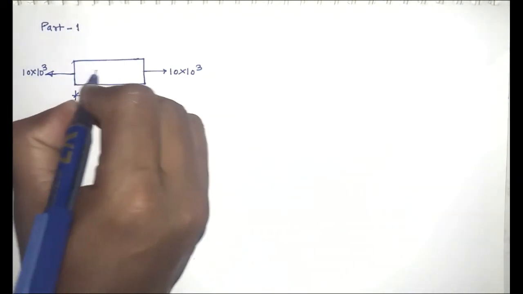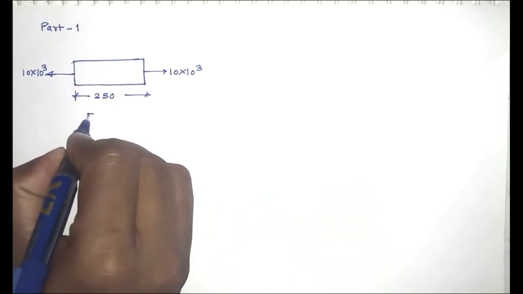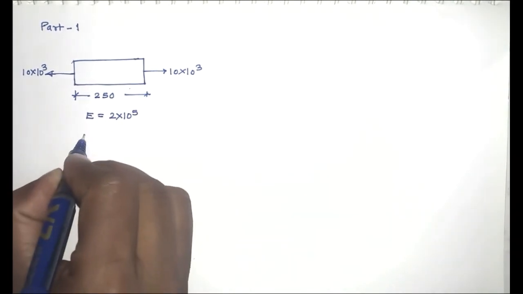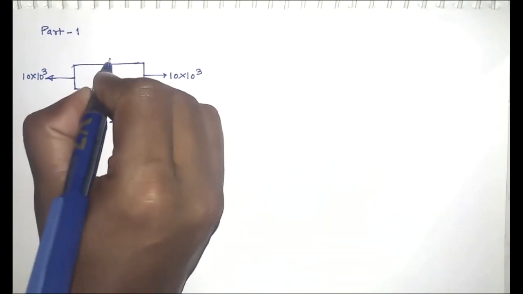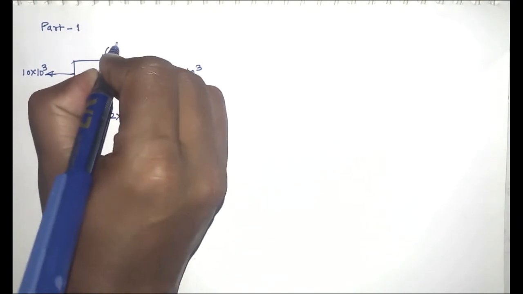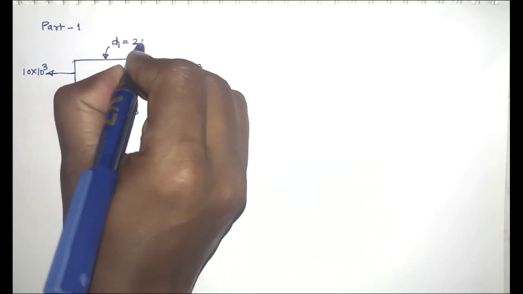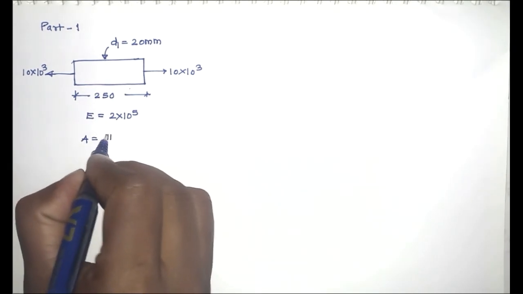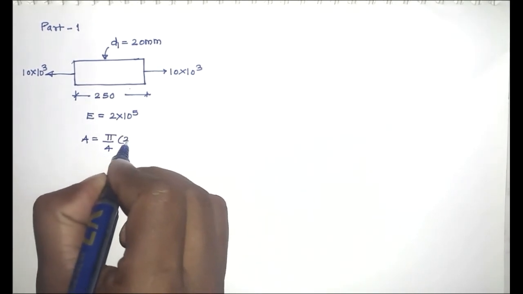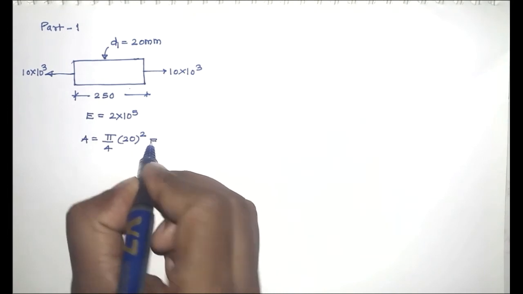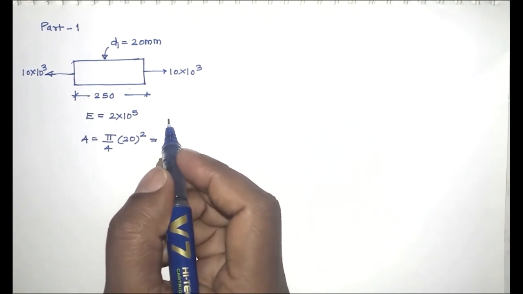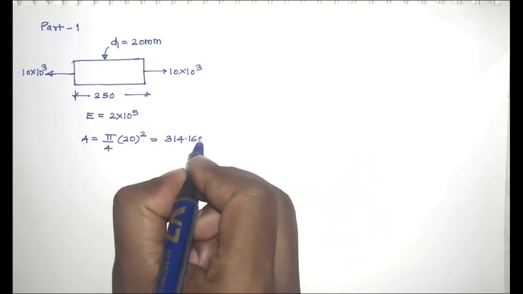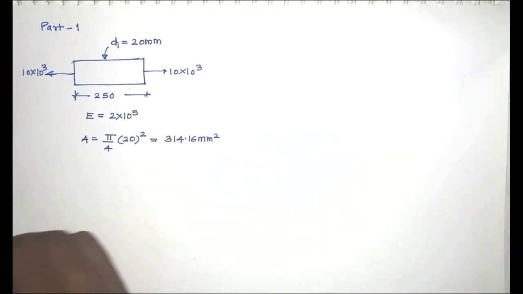For this, the value of E equals 2 into 10 to the power 5, and for the area we have a diameter D1 equal to 20 millimeter. The area is pi by 4 into 20 square, which is 314.16 millimeter square.